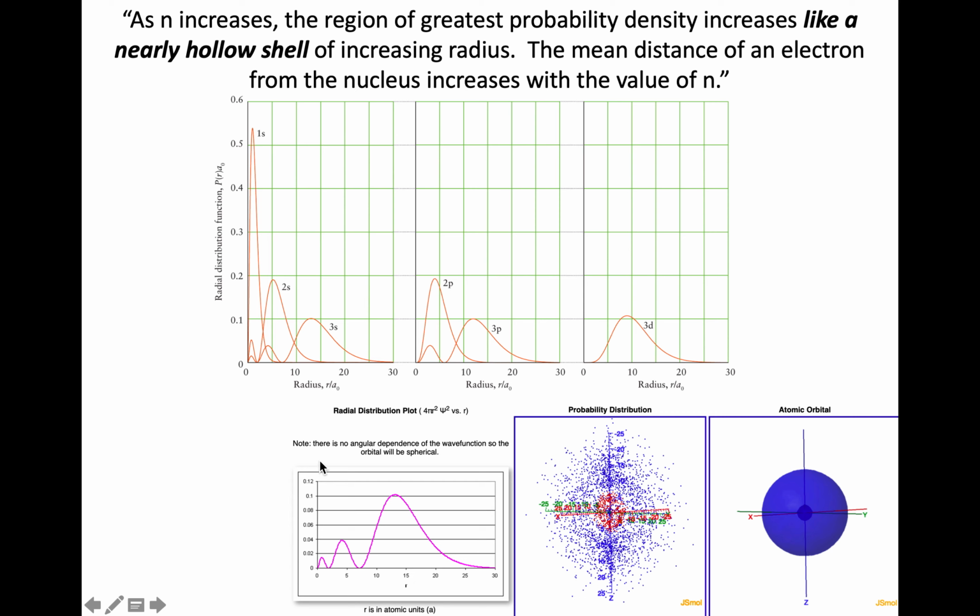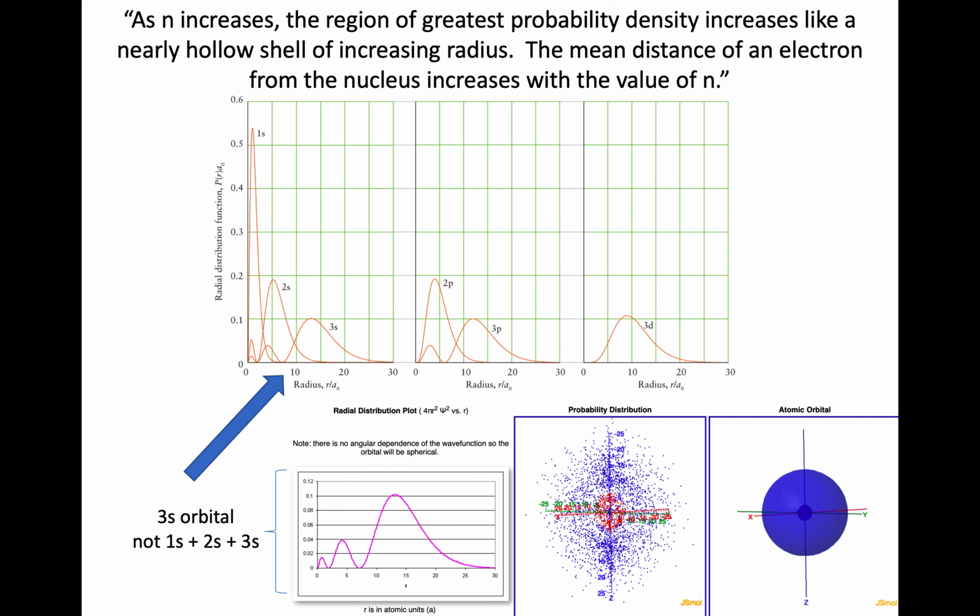I find that when students seek to interpret this kind of depiction, many times they view this as being a combination of a 1s and a 2s and a 3s orbital. That's not what this is describing. This is the entire 3s orbital with all of these different features. In some ways, I find this image more useful because it shows what the 1s, the 2s, and the 3s all correspond to.